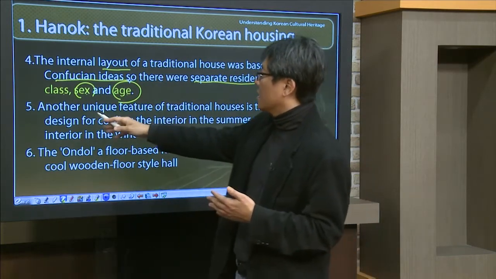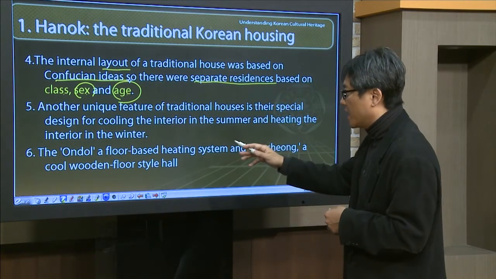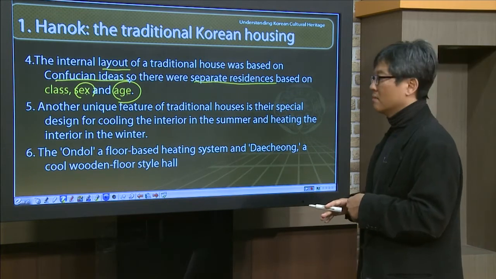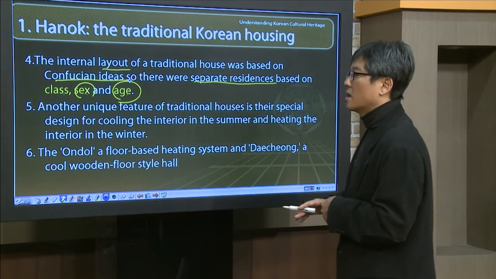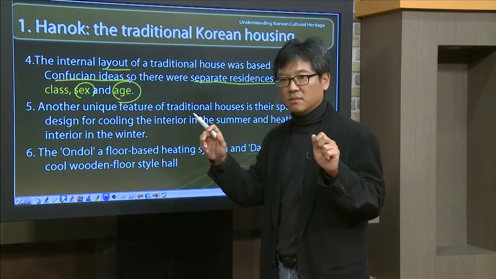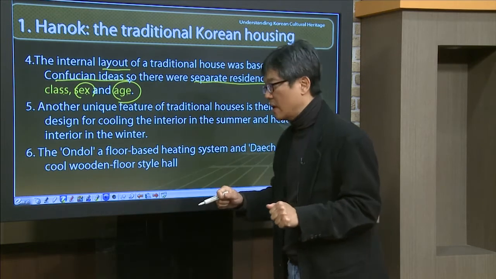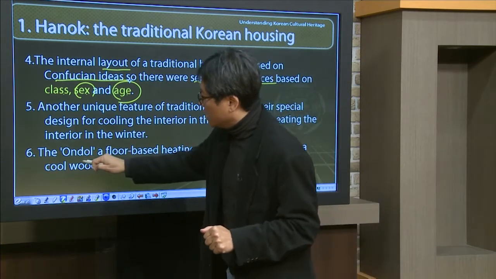Number 5, another unique feature of traditional houses is a special design for cooling the interior in the summer and heating the interior in the winter. This is a very interesting, practical design found in the Korean traditional house. I mentioned already the ondol.